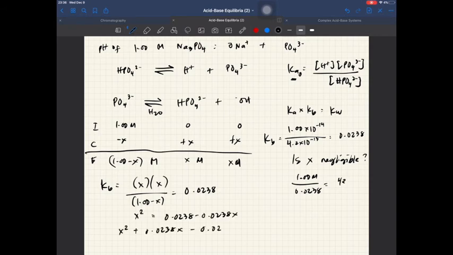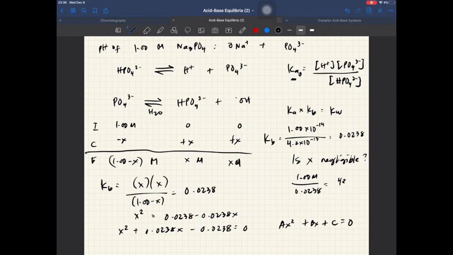Transposing everything to the left side to get the form ax squared plus bx plus c is equal to 0, we can then calculate the root for x using the quadratic formula or a quadratic formula calculator. I'm just using the quadratic formula calculator here.